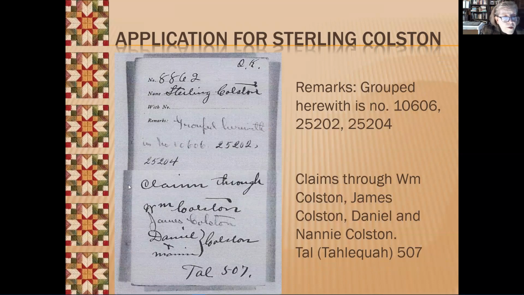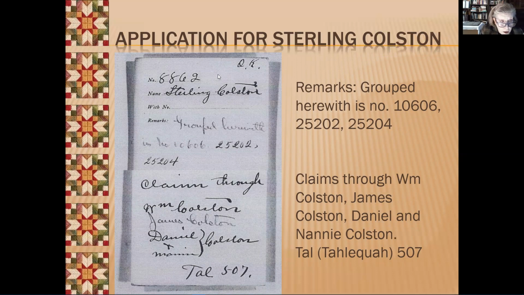And then there's sheets, there's all kinds of letters, there's the application, there's notes, there's all kinds of things. And this particular page gives us a list of the people who he's claiming through.